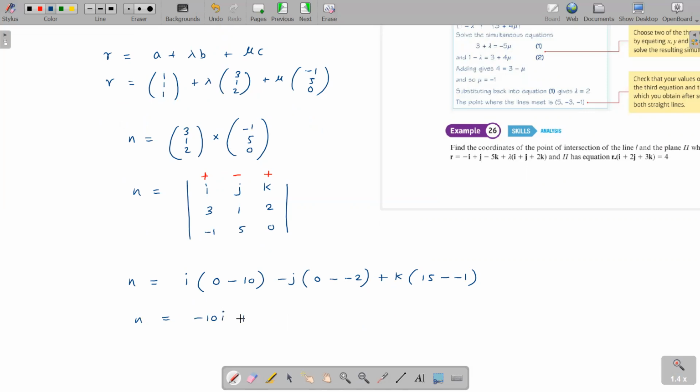So minus 10i, minus 2j, it should be minus 2j, plus 16k. Do you agree with the n value?